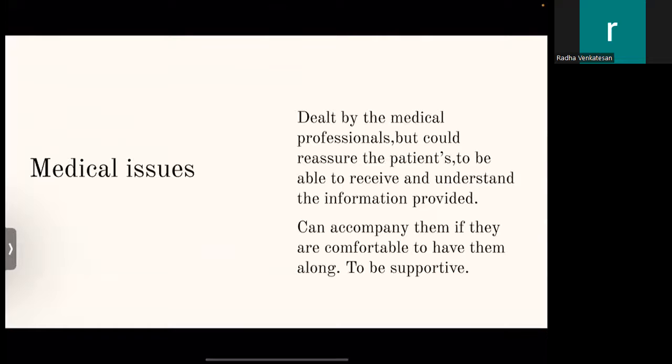Okay, first we would look into medical issues. Communication in palliative care for doctors and medical professionals is a very big topic. It is very important because, as I have mentioned, everyone has a role.